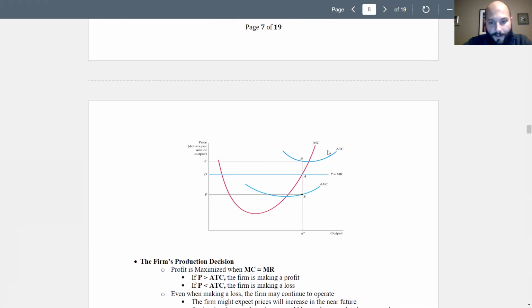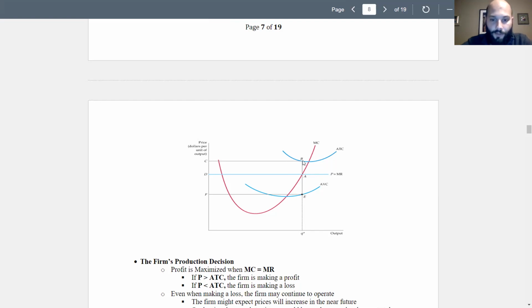We know that profit, positive or negative, is going to be determined by average total cost versus price. So in this case, let's find the profit maximizing point. Here's MR, here's MC, so our profit maximizing point is A at quantity of Q star. At this point, the price is less than average total cost, so we're going to be losing money.